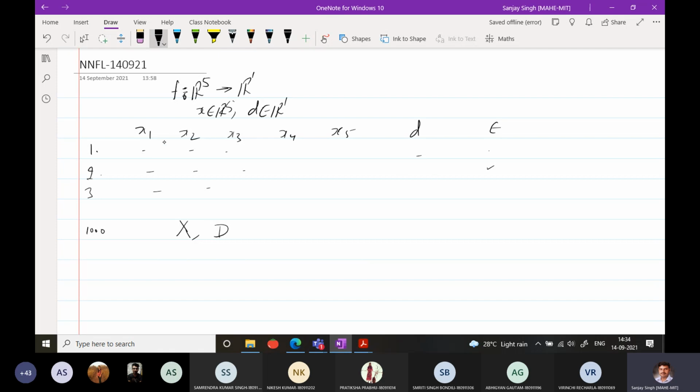If you come across 1,000 homes, the dimension of this design matrix X is 1,000 cross 5, and your desired vector D is 1,000 cross 1, and of course epsilon is again for 1,000 cases, and a single value is a vector, right?